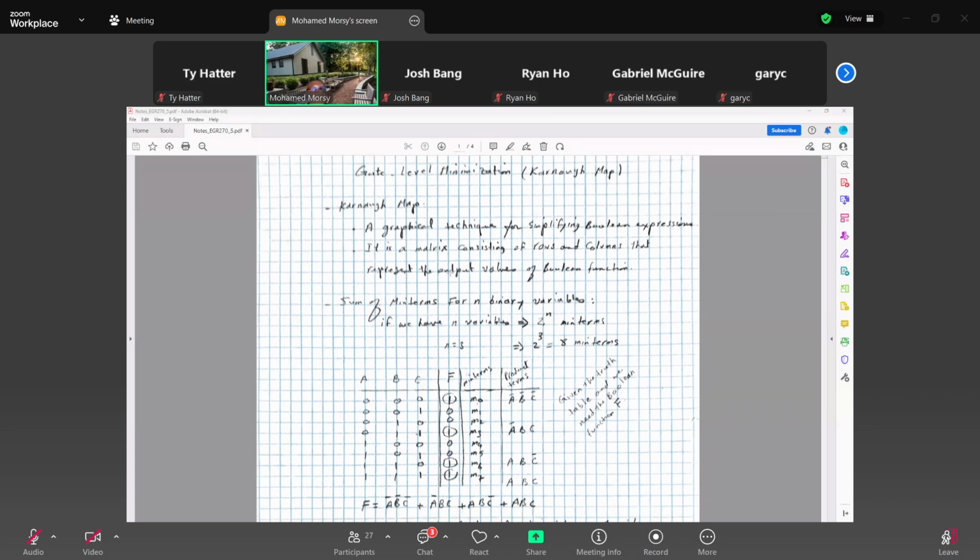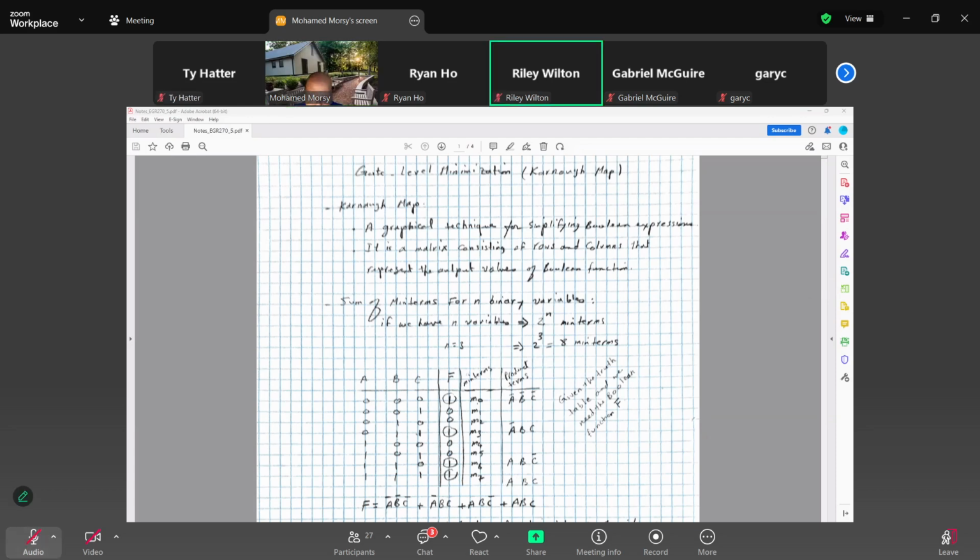So we mentioned what is a Karnaugh map. Anyone remember what we mentioned regarding Karnaugh map? The way to simplify Boolean expressions. Okay, perfect. But is this an analytical technique or a graphical technique?